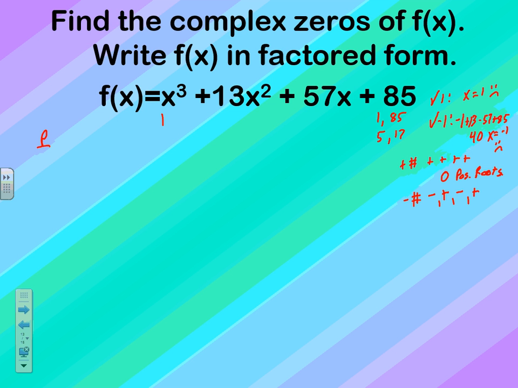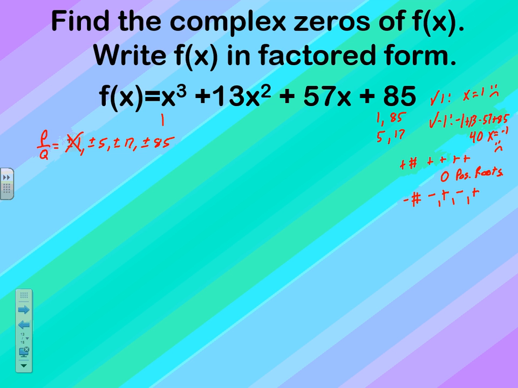So the possible roots that we could have would be a positive or negative 1, positive or negative 5, positive or negative 17, and a positive or negative 85. Now, using the rule of positive 1 or negative 1, we can scratch these out. We know that they're not going to work. And using Descartes' rule, we know that none of the positive numbers are going to work. So we really only have 3 negative numbers with which to try.